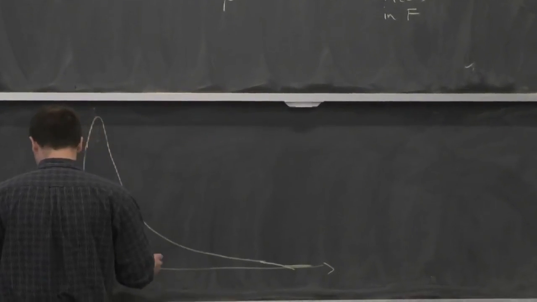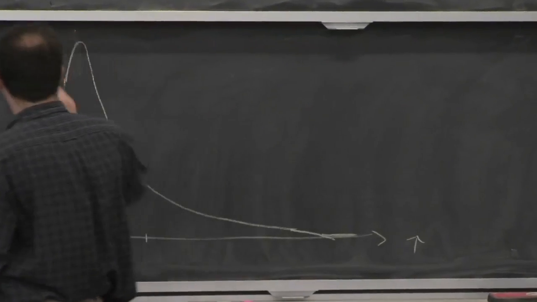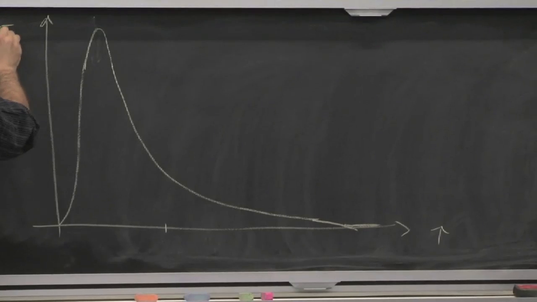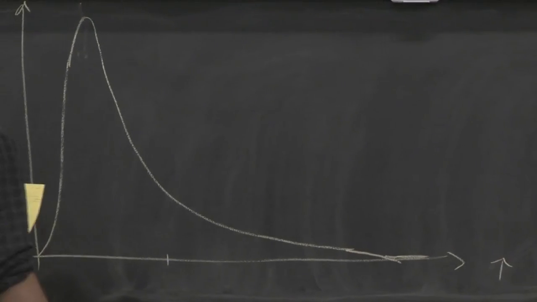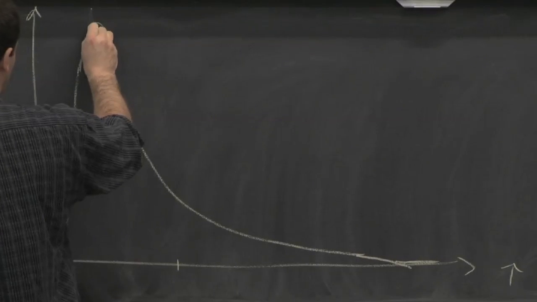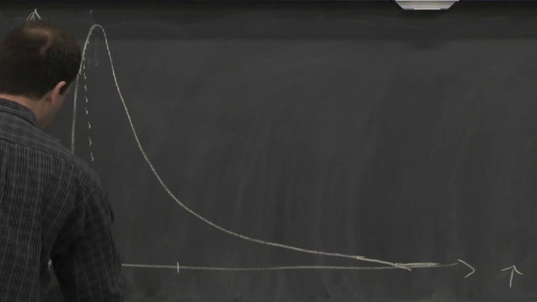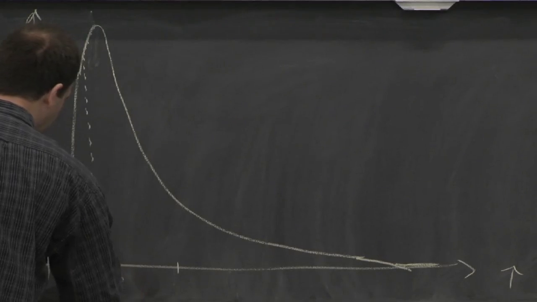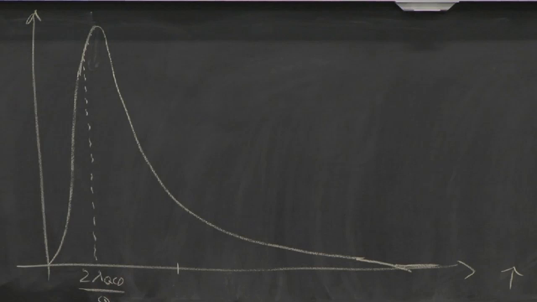This is tau, and this is d sigma d tau, which you can always normalize. This peak is happening in the non-perturbative region. Because it's a symmetric projection there's a factor of 2, but it's basically happening when tau is of order lambda QCD over Q. And we could figure that out just by power counting.